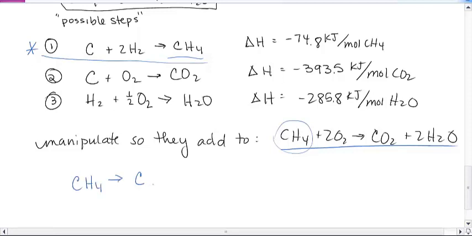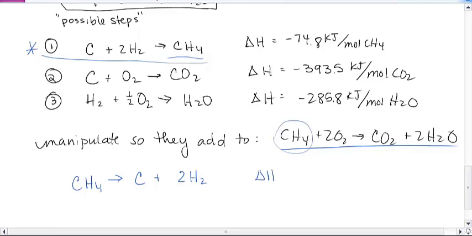So CH4 gives me carbon and 2 hydrogen. Well, here's the thing. If it was exothermic this way, what do you suppose happens if I'm doing the reverse reaction? It's endothermic.